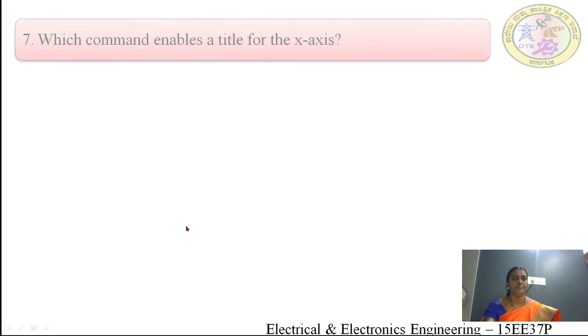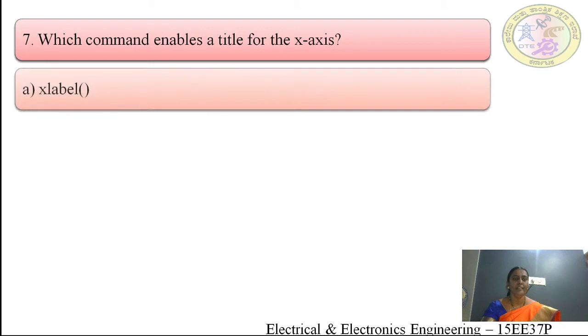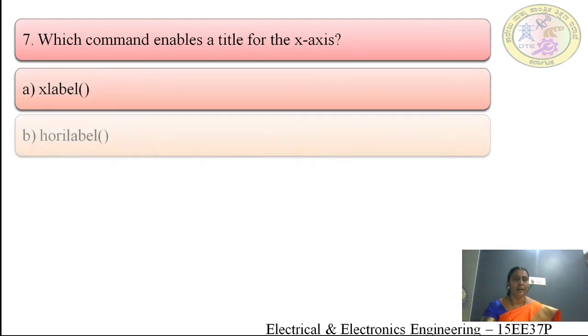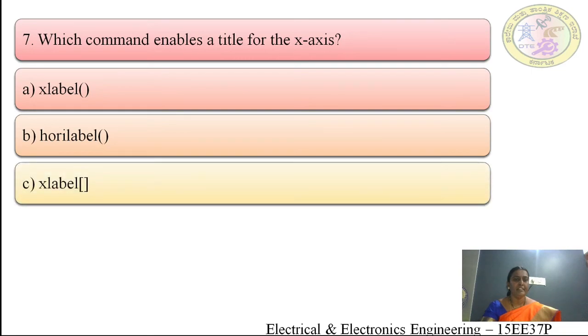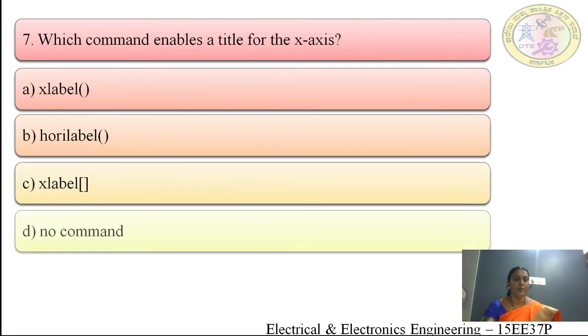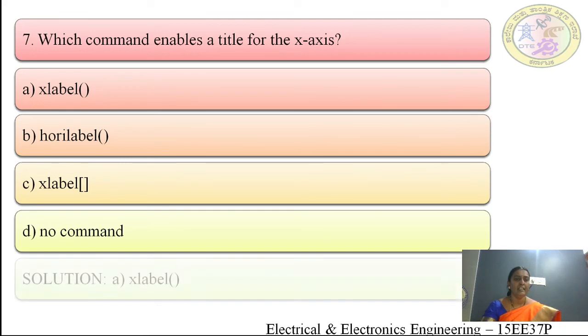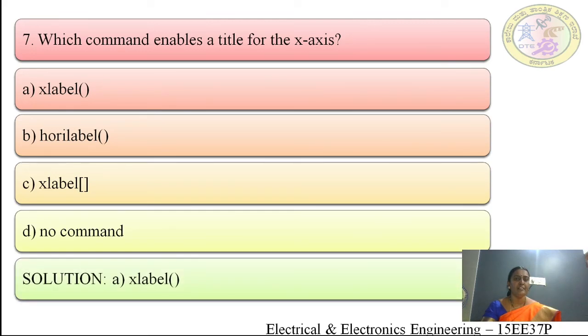Next, which command enables a title for the x-axis? X label, X label within the square bracket, no command. X label in the small bracket is the correct answer to this question.